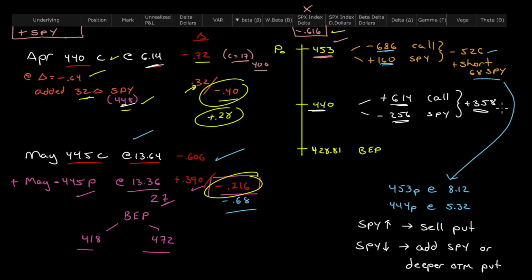I still make 358. So what I've done is I put myself in a position where I'm going to lose less on the way up because I have managed my delta downwards. However, if my initial position was right to begin with, I'm still going to walk away with a profit. My break even is all the way down at 428.81 based on these shares.